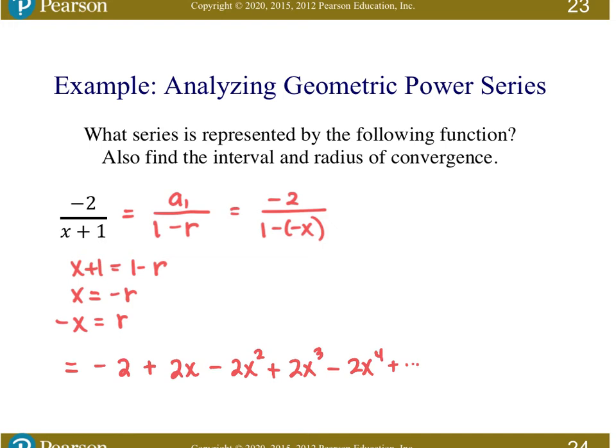Okay, what would the interval and the radius of convergence be? Well, the r value has to be between negative 1 and 1. So let's take our r value here and put it between negative 1 and 1.